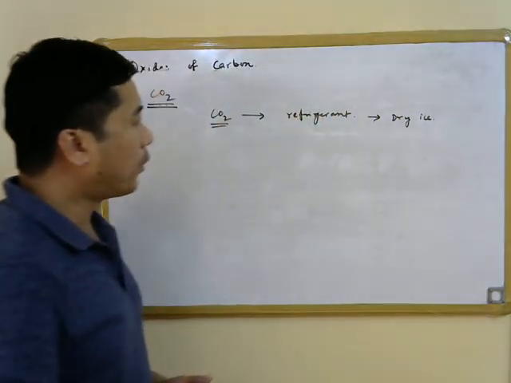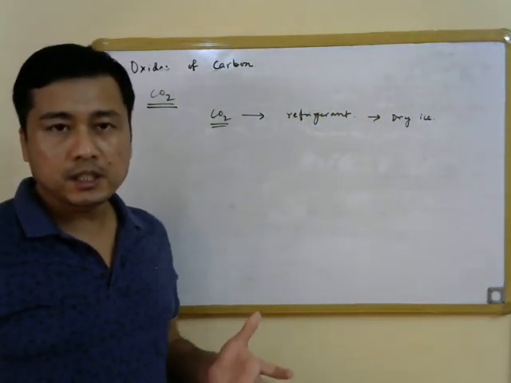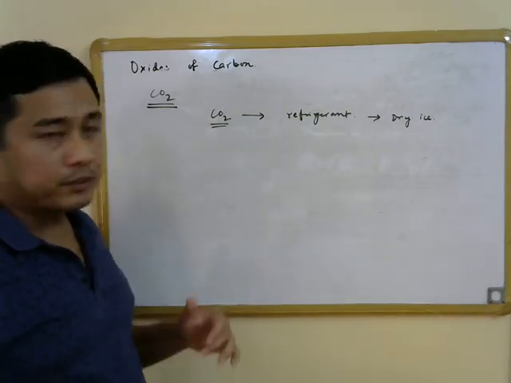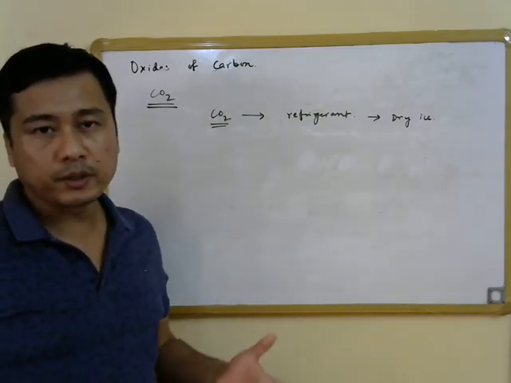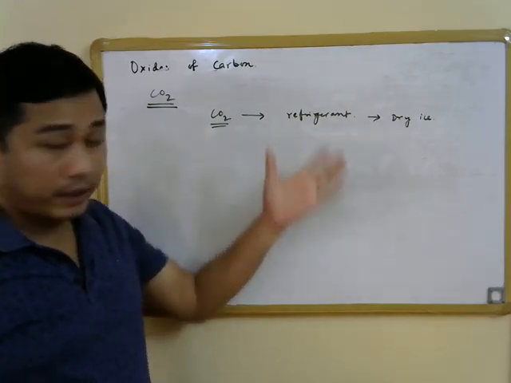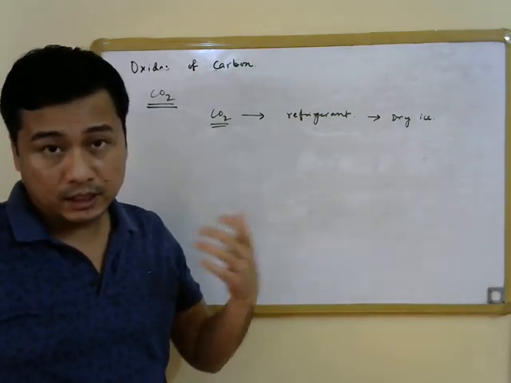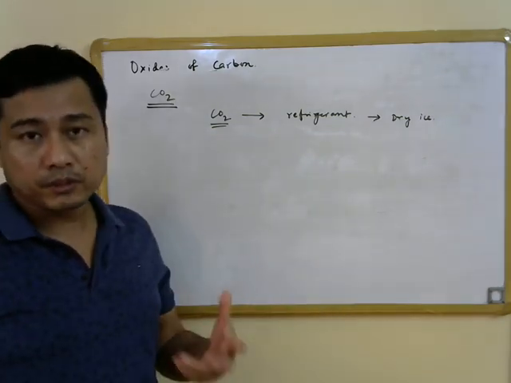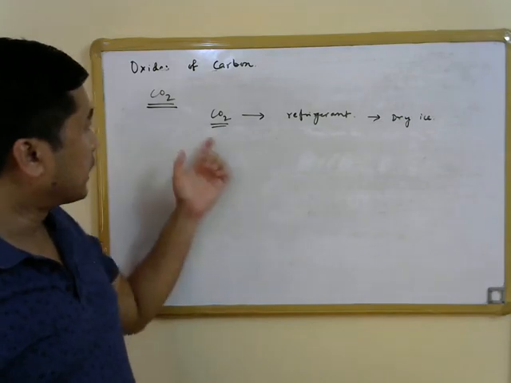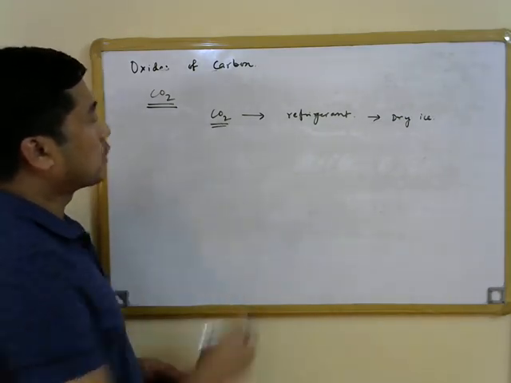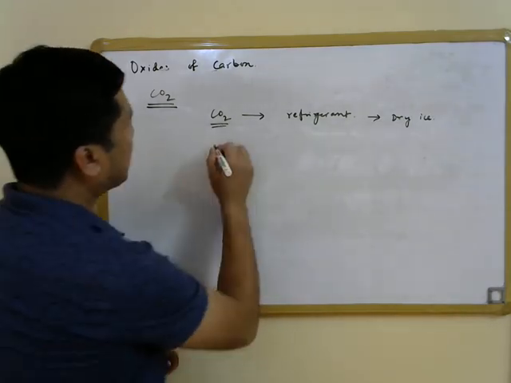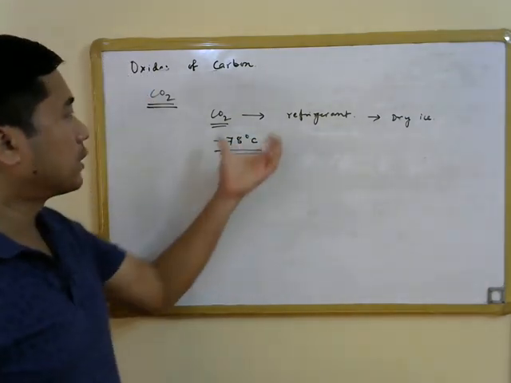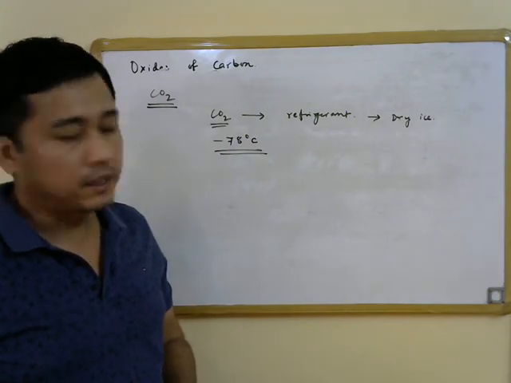Now it has one important characteristic, that is it sublimes into a gaseous phase without converting into a liquid phase, and the boiling point of this solid carbon dioxide is minus 78 degrees Celsius, and that is the reason why it is used as a refrigerant.